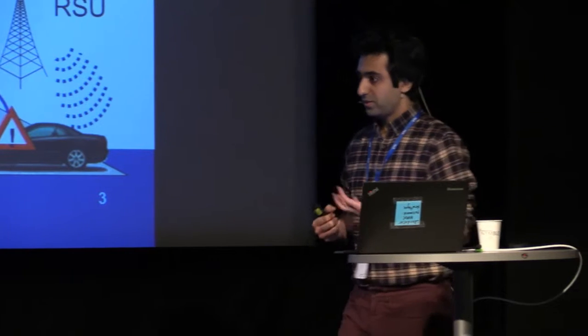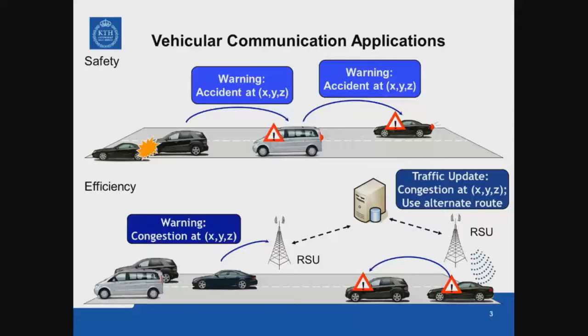So let's take some examples. The first application that we expect to see is collision avoidance: how to inform drivers when they are about to hit each other while they can't see each other. We can see in the picture above that, for example, there is an accident, and this incident information can be disseminated throughout the entire road, and other vehicles can react accordingly.